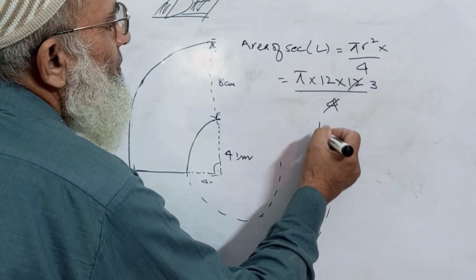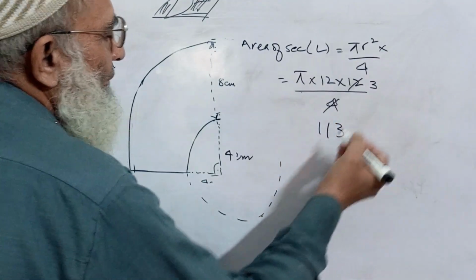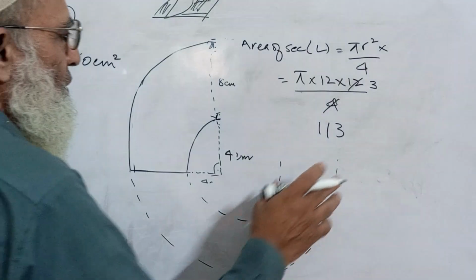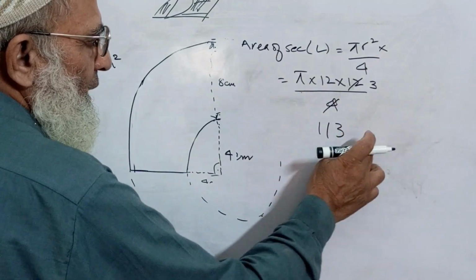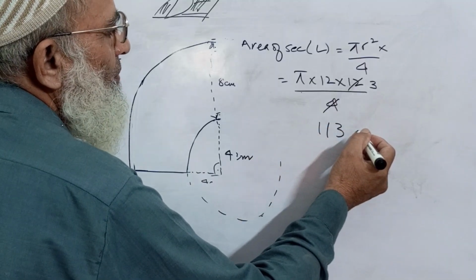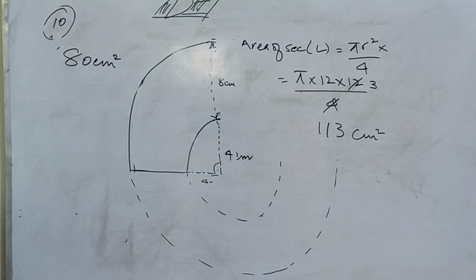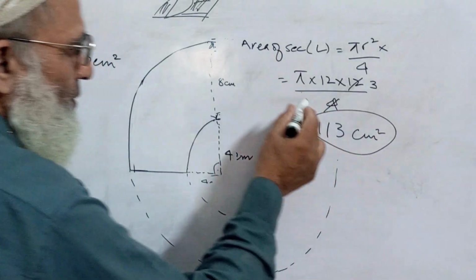It will become 113.04. Just ignore the 0.04. It will become 113 centimeter square. Okay, keep this answer also with you.